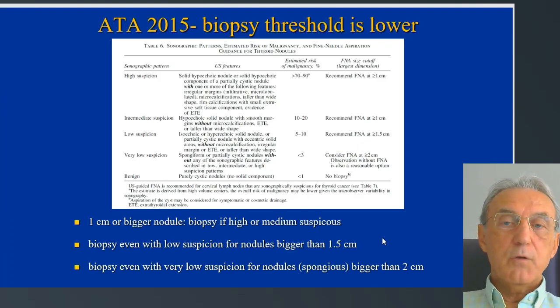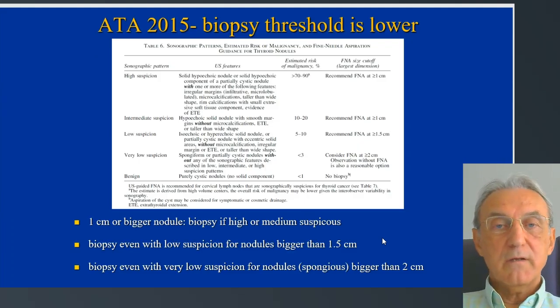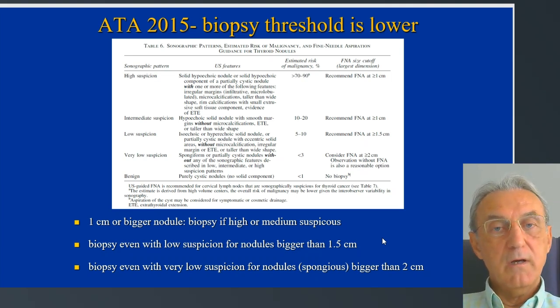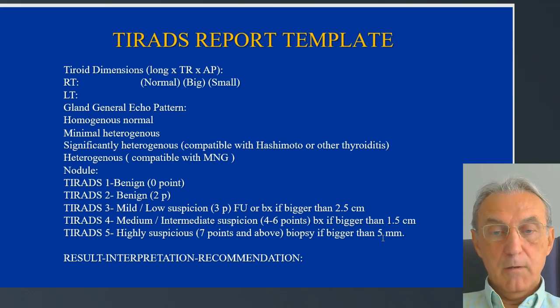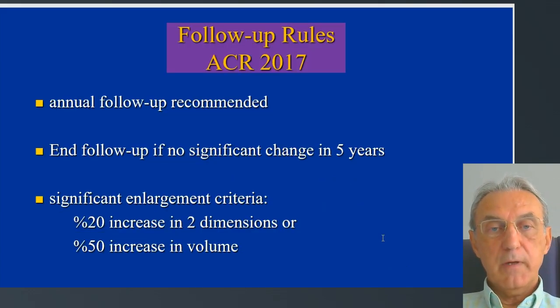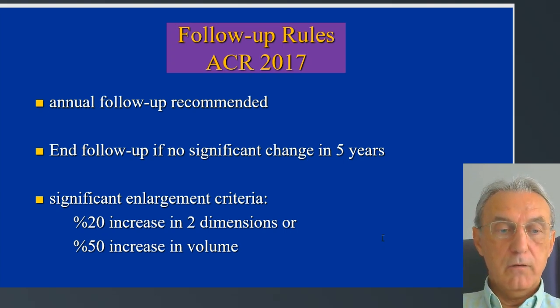What is the difference between the ACR TI-RADS system and the American Thyroid Association 2015 guidelines? Biopsy threshold is lower in ATA guidelines. What are the follow-up rules as commented by ACR, American College of Radiology, in 2017?